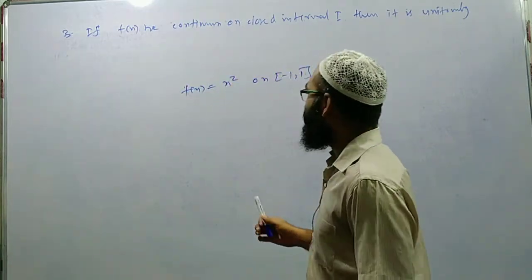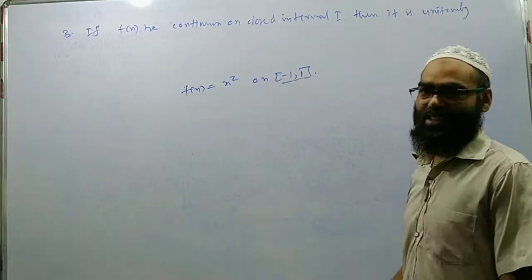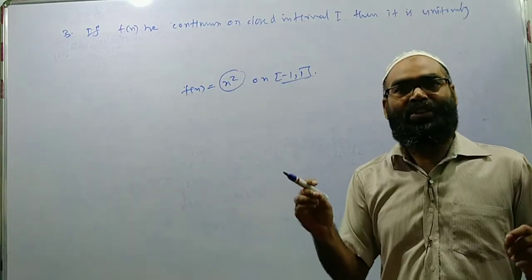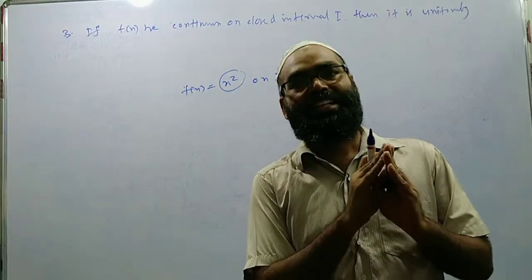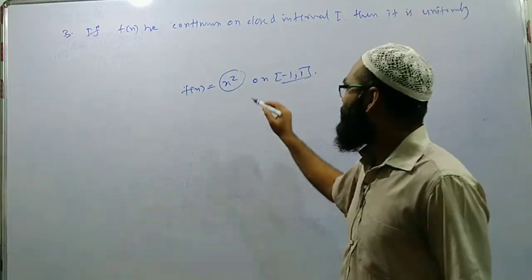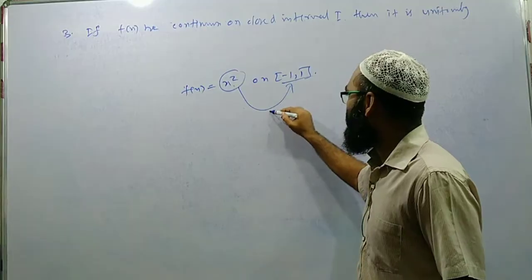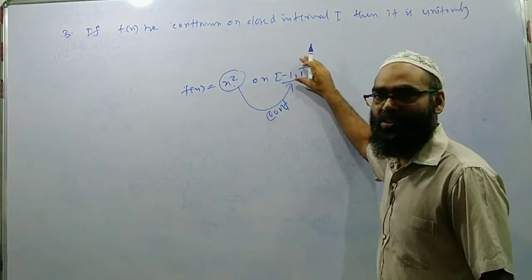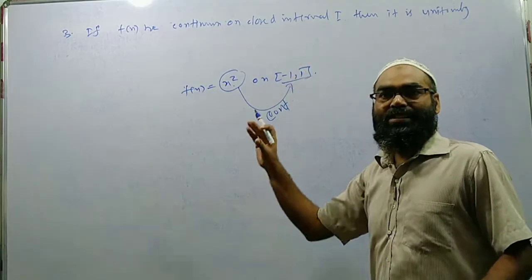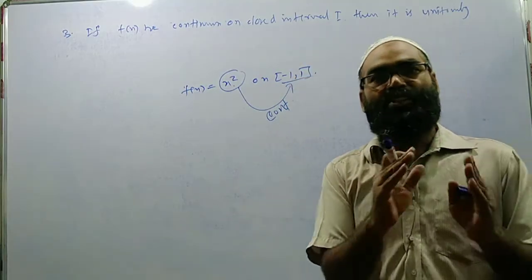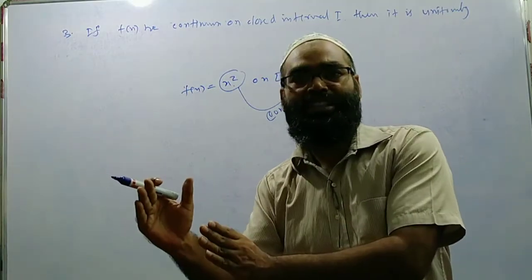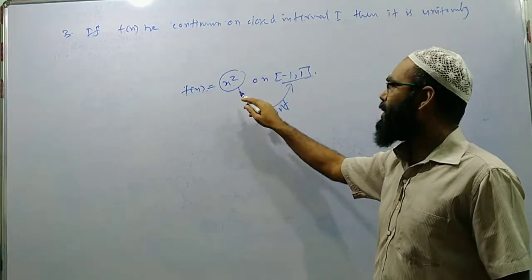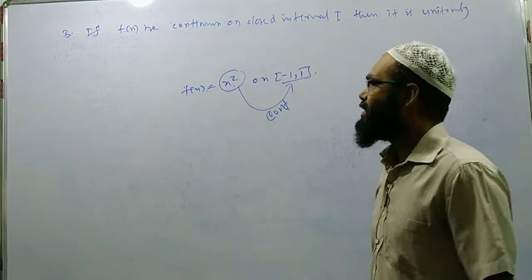You have observed that the interval is a closed interval, and x square is a polynomial, and we know that every polynomial is an everywhere continuous function. So x square is continuous on I, and since the interval is closed, we know that for a closed interval uniform continuity both implies continuity, and hence the function f(x) is uniformly continuous on I.